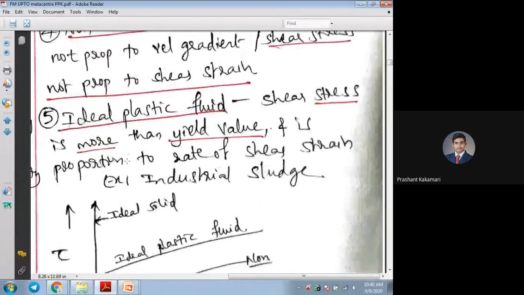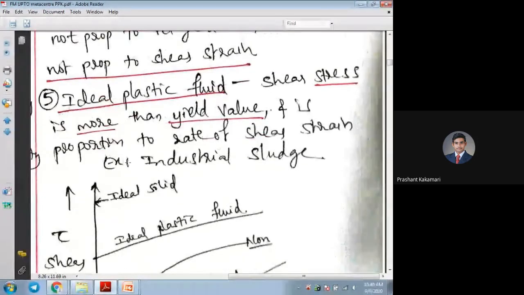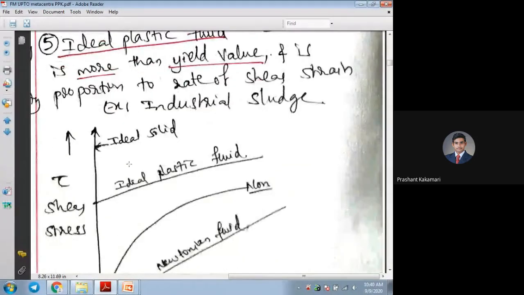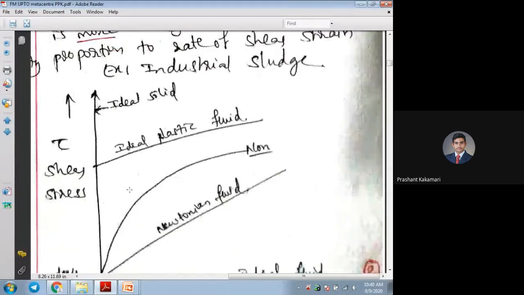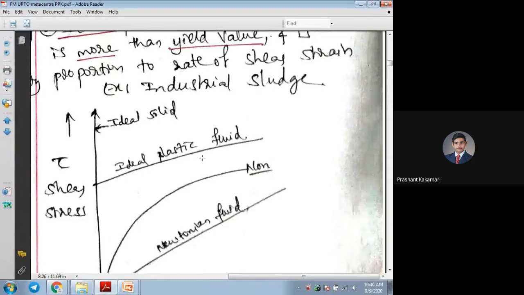Now comes the ideal plastic fluid. As I told you, to deform or to start the flow in a given material, if it requires some minimum force to overcome the dimensions or to overcome the flow, that force we are calling the yield force or the yield stress. So once the yield stress is crossed, then it will start flowing. That is called ideal plastic fluid.